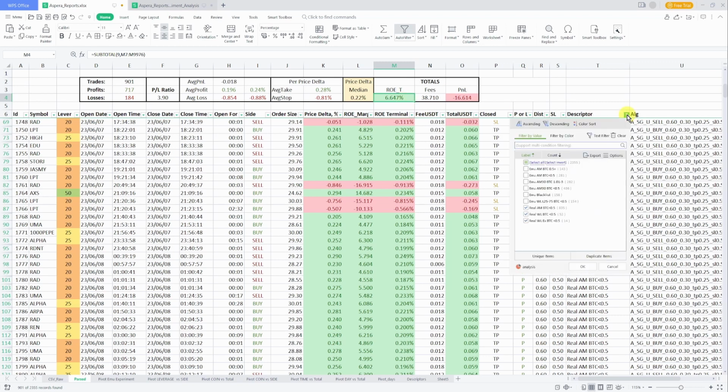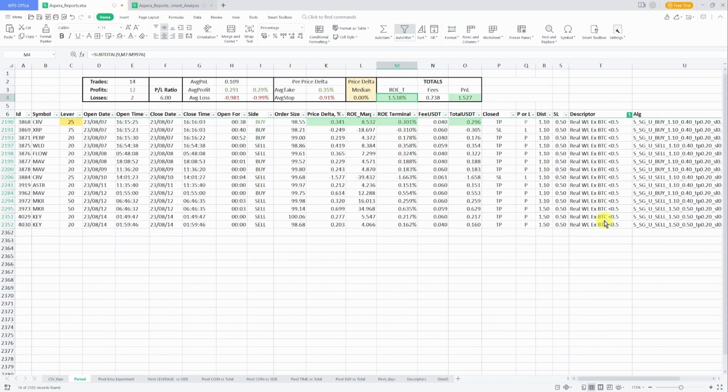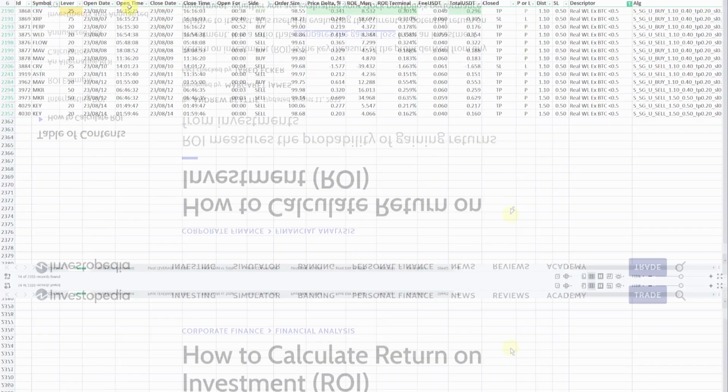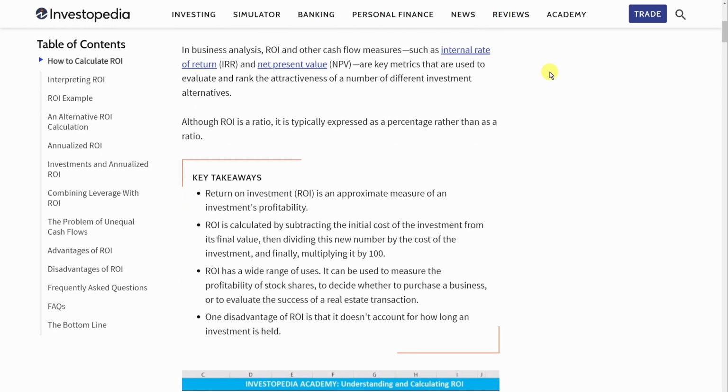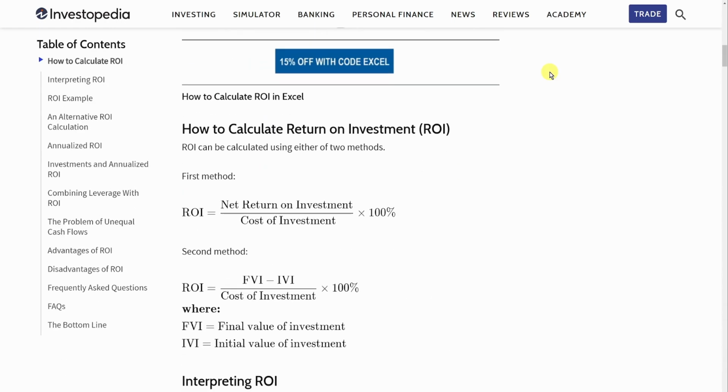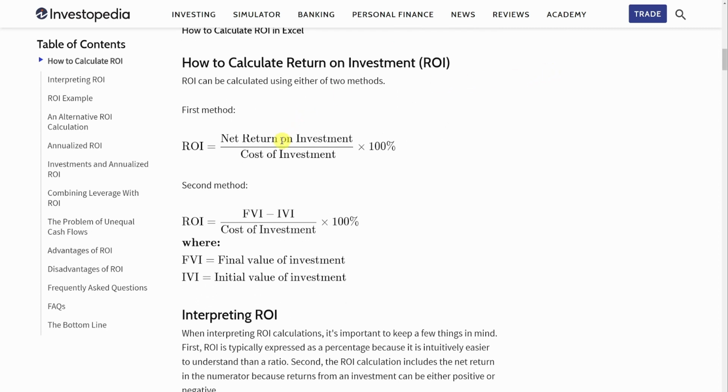If we were to go back to a selection where there are fewer trades, like right here on my real whitelist based on the experiment, they are aligned. It's pretty okay. So I had to go back to the books to see where I was missing something. Went to Investopedia, got into all these formulas, and here it says net return on investment divided by cost of investment.